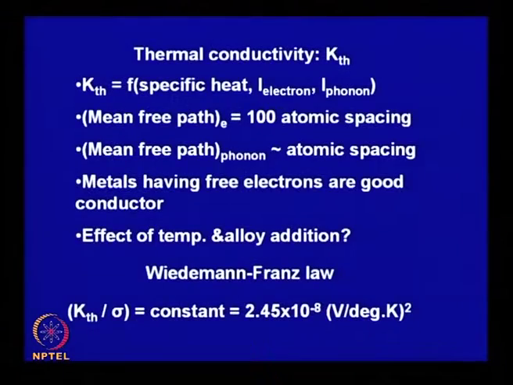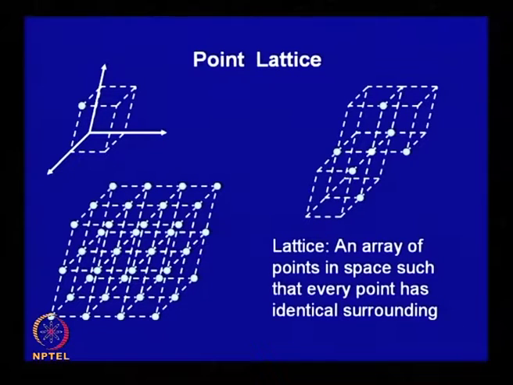In order to do that, we make use of a framework, an array of points in space. We visualize the array in such a way that each of these points has an identical surrounding, and this array of points in space is known as a lattice. Now, let us look at what this point lattice looks like.